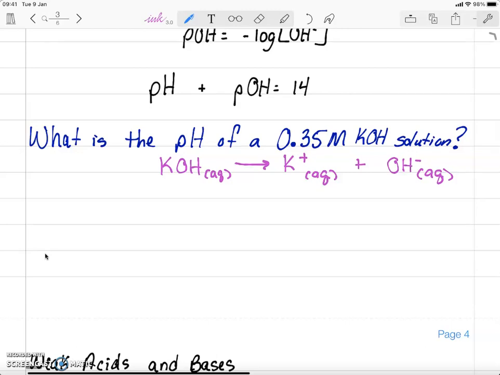Now what we can do is take the original concentration of the base, which was 0.35 molar, and because this dissociates 100%, the original concentration of the base is also going to be the concentration of its ions in solution.